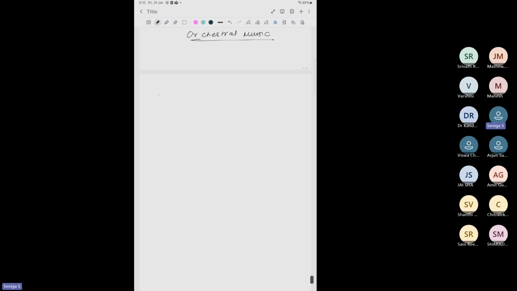The greatest example for this one is Morse code. Would anyone like to tell what is Morse code? Yes, where they use dot and dash as a language.